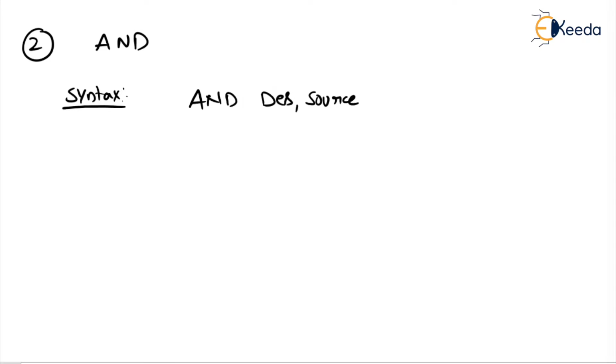It performs the AND operation of destination and source. Source can be an immediate number, register or memory location, but destination can be a register or memory location.